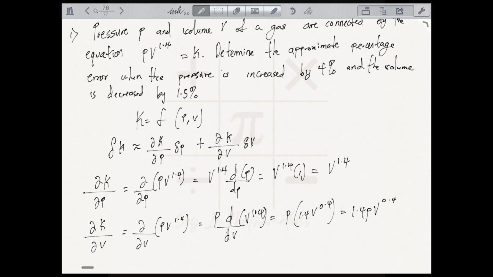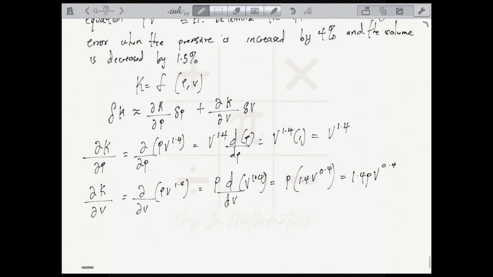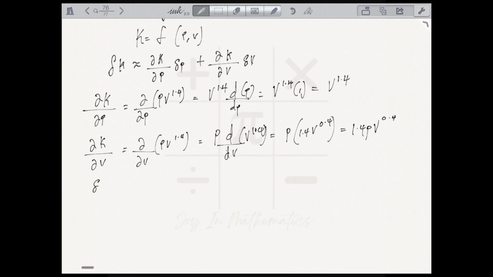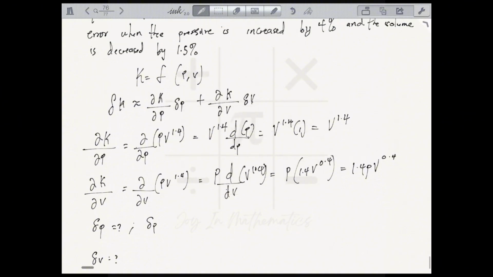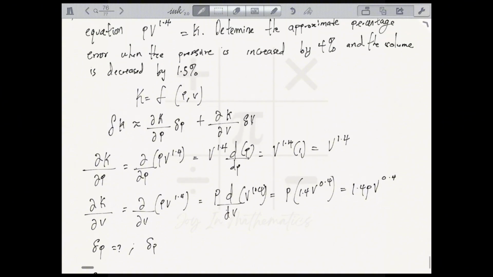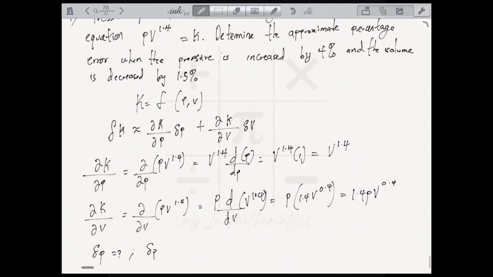Now let us consider the small changes in pressure and volume, delta P and delta V. If we look at the question again, it says to determine the approximate percentage error when the pressure is increased by 4%.